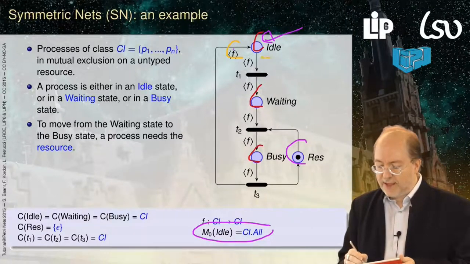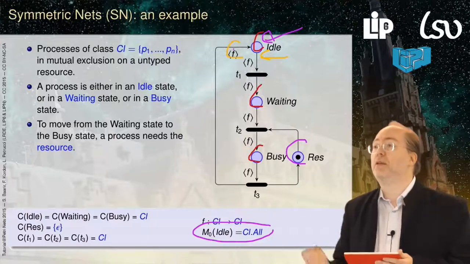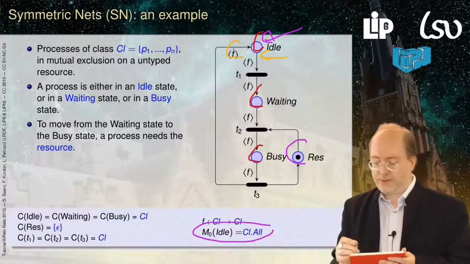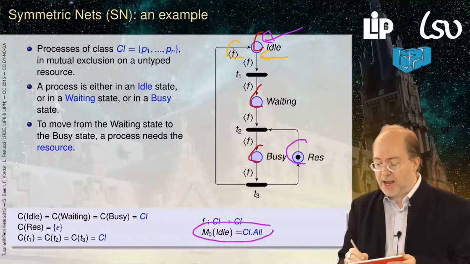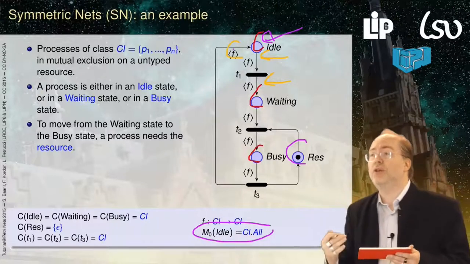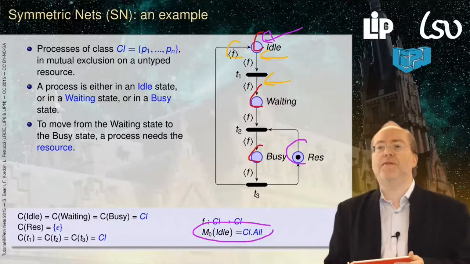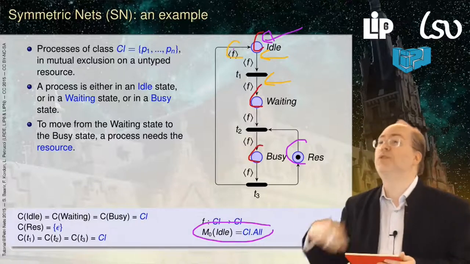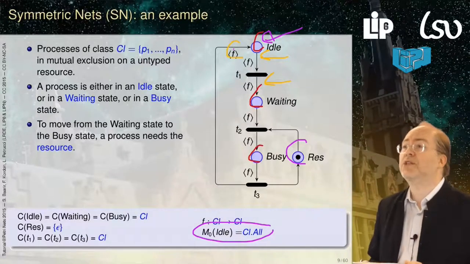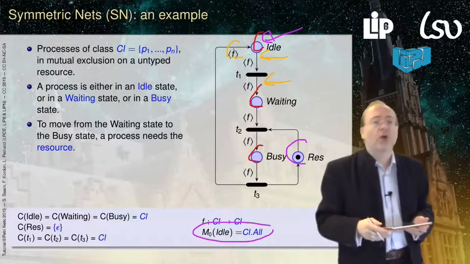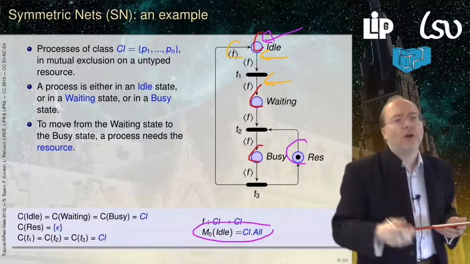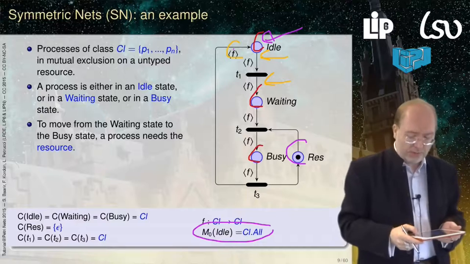It will extract a token F. It's a variable, and it will extract this token from place idle, and it will generate the same token in place weighting. So here, the only function we have is the identity function. We will see later in this presentation that, even if they are limited, you have a quite large number of possibilities.